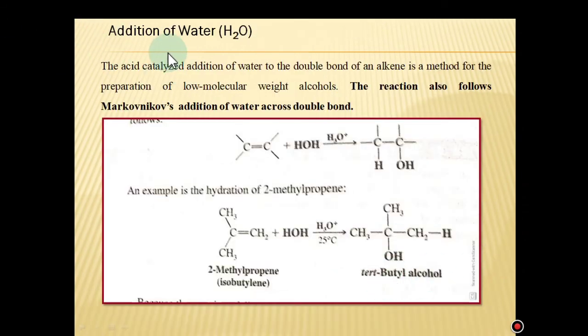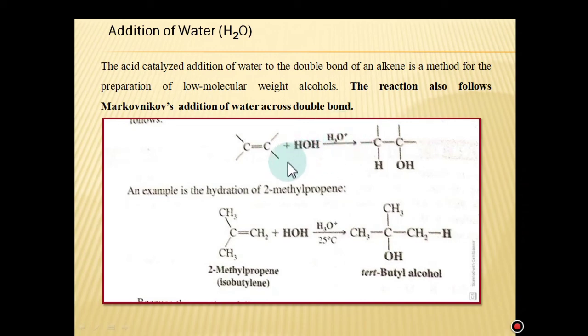Now the next example is the addition of water to alkene. The acid catalyzed addition of water to the double bond of an alkene is a method for the preparation of low molecular weight alcohols. The reaction also follows Markovnikov addition of water across the double bond. See here, this is the reaction. This is the alkene, this is water, acidified water. Generally the acids used are dilute sulfuric acid or dilute phosphoric acid.